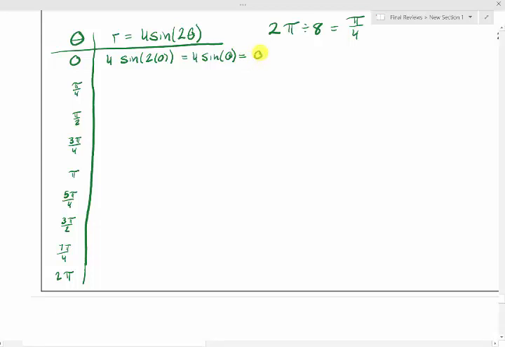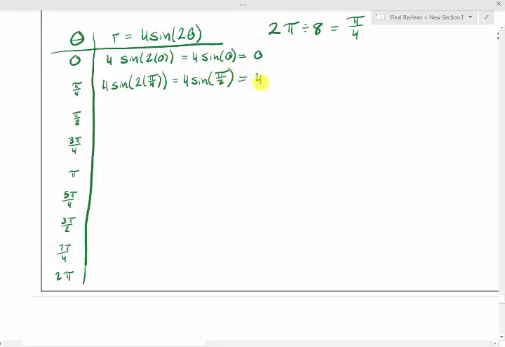So we get to plug in pi over 4. So I end up with 4 times the sine of pi over 2. Well, the sine of pi over 2 is going to give me 1. And 4 times 1 gives me 4.